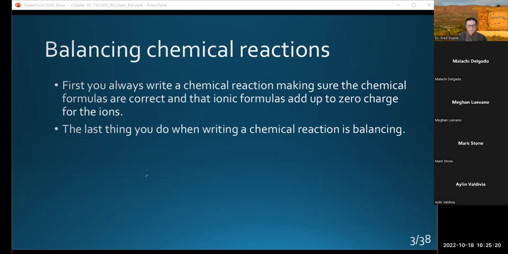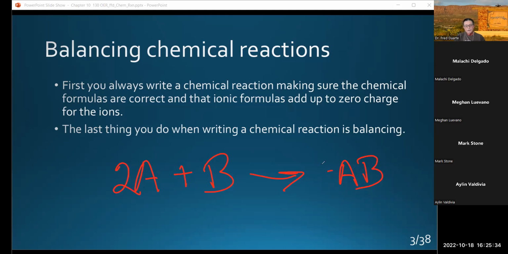And so hypothetically, we got an A plus B, maybe reacting to form, I don't know, something like AB. And maybe to balance things out, I got to put a 2 there and a 2 there. Maybe it's B, a diatomic B. You can see here by putting coefficients up front that we have a balanced chemical reaction.